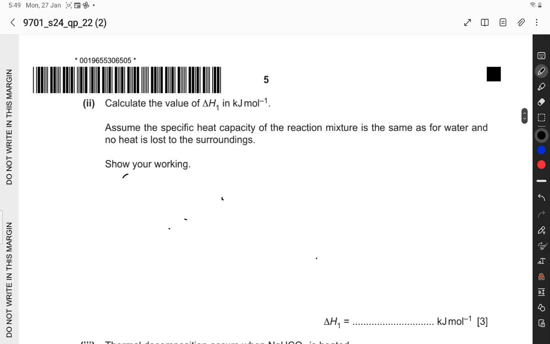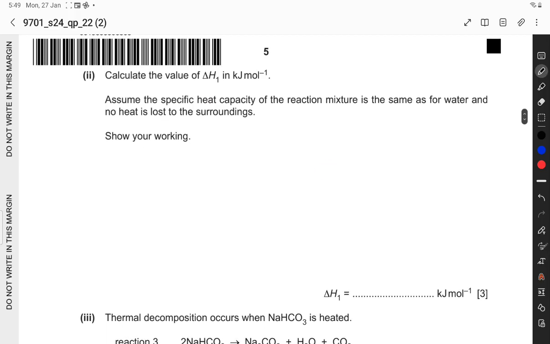Calculate the value of delta H1 in kilojoule per mole. Assume the specific heat capacity of the reaction mixture is the same as for water and that no heat is lost to the surroundings. Show your working.